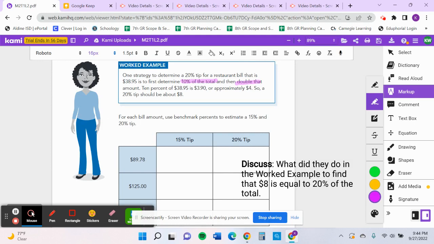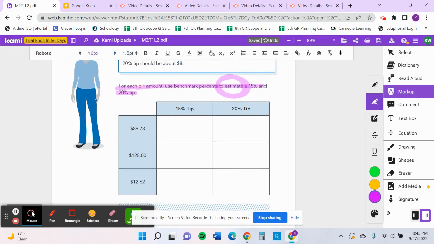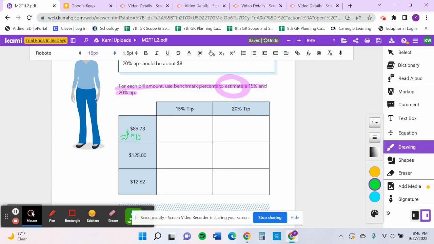So using benchmark percents, we are going to estimate, keyword estimate, a 15% and a 20% tip for these three amounts. I am going to model how I would work through the first one, and then you are going to work either alone or with a partner to fill out the table for the next two amounts. The first thing I would do is look at that $89.78 and estimate. That's about $90.